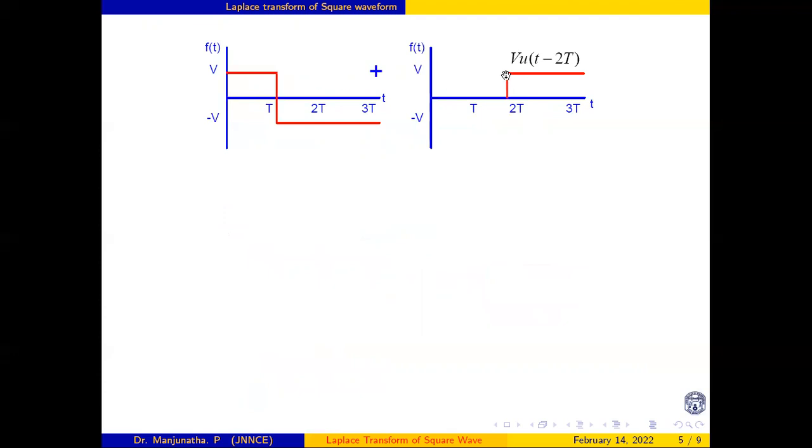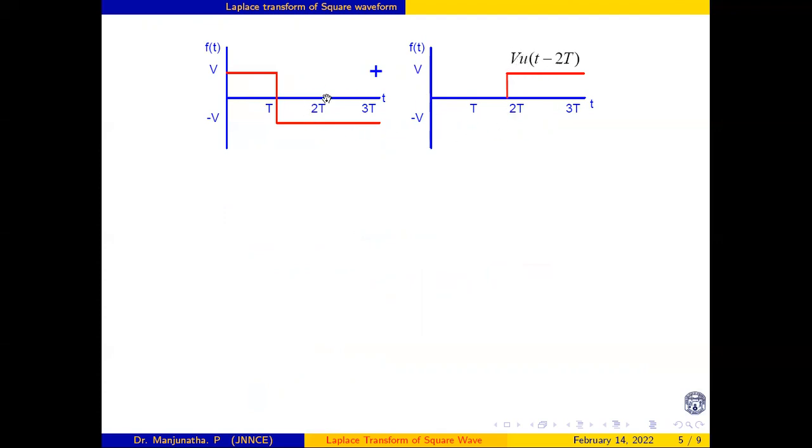So at 2t, to bring it to 0, I'm adding a plus v u of t minus 2t. This I am introducing at a time period 2t. So v into u of t minus 2t.